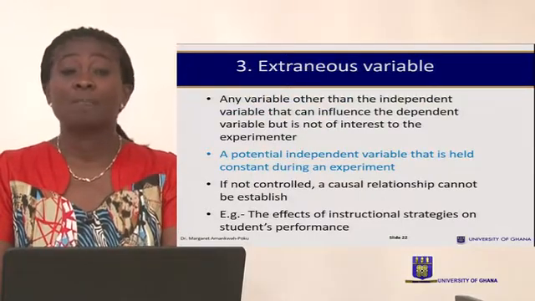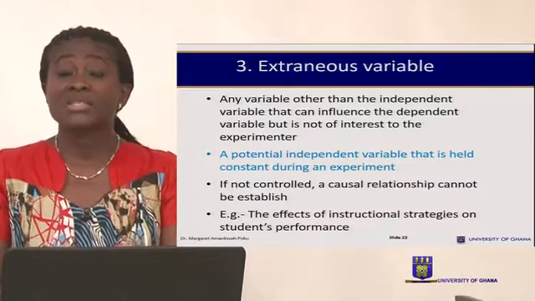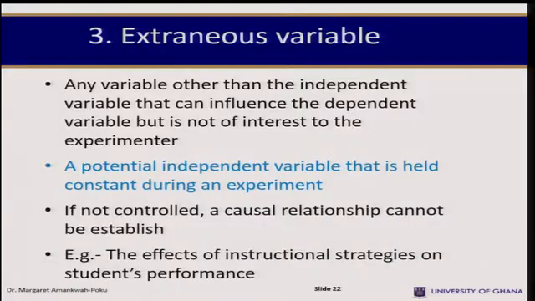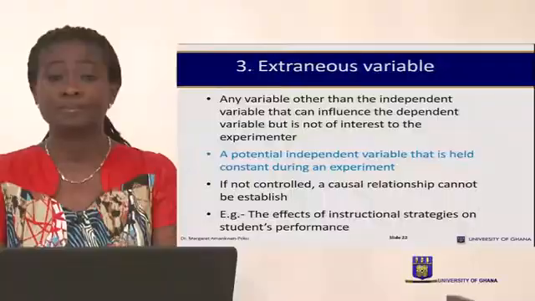Extraneous variables. So again, I've mentioned this in the previous sessions, that there are variables, any variables other than the independent variable that is not of interest to the researcher or the experimenter, but can affect the outcome of the study. So they are also termed as potential independent variables because they can also change the outcome of the dependent variable.